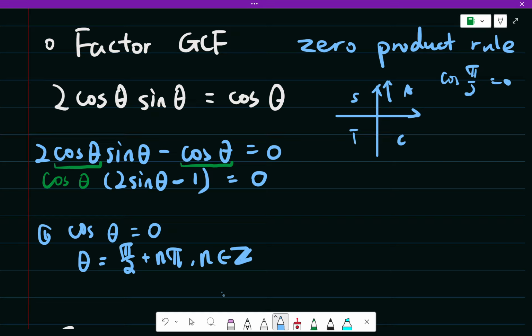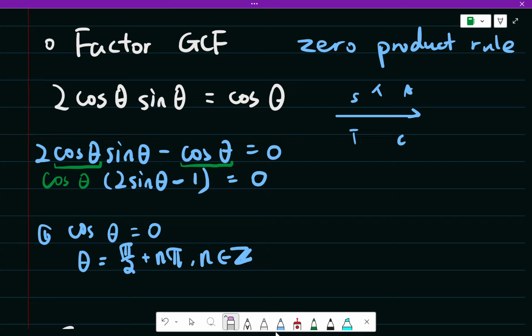That is here, when the angle is right here. And when the angle is 3 pi over 2, cosine will also be 0. So this is a valid generalization for this particular scenario.